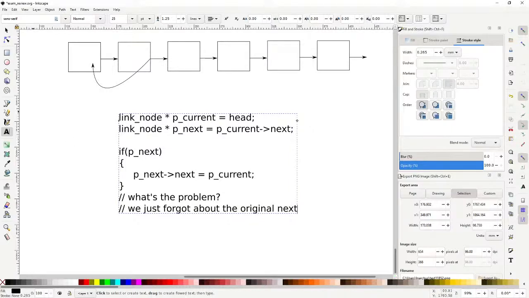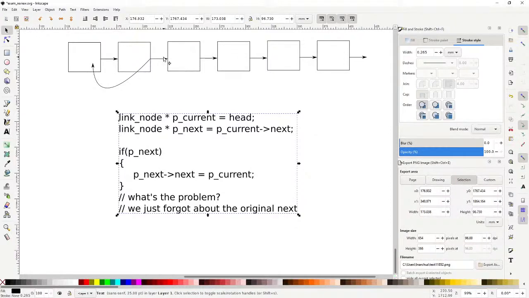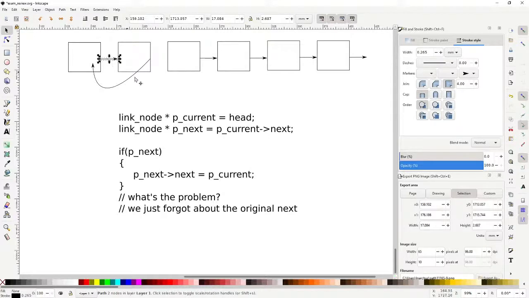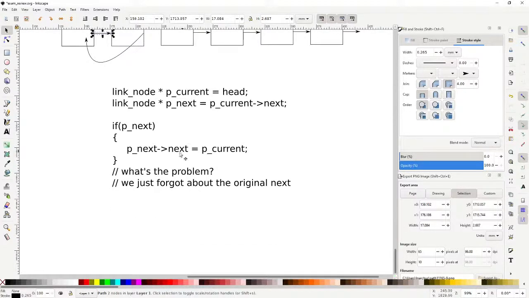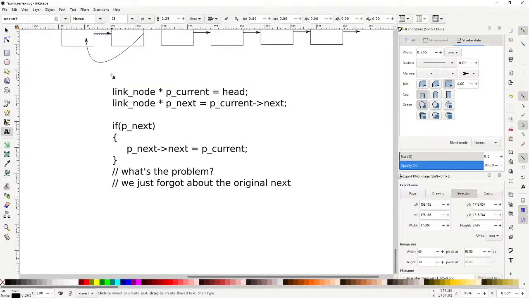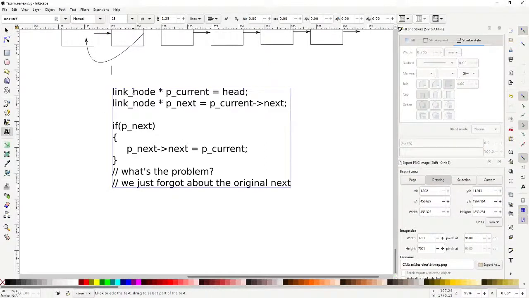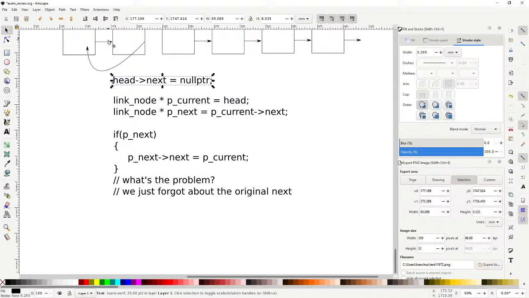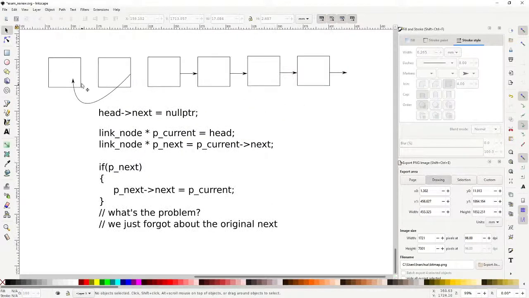What we've done here is we've deleted this connection. So before we do any of this, we should probably set head dot next equal to null pointer, to get rid of this connection here. Now this is set correctly, but now we've forgotten about that.